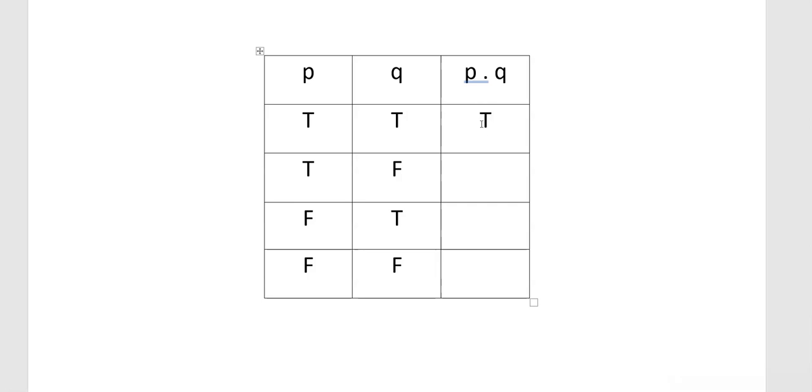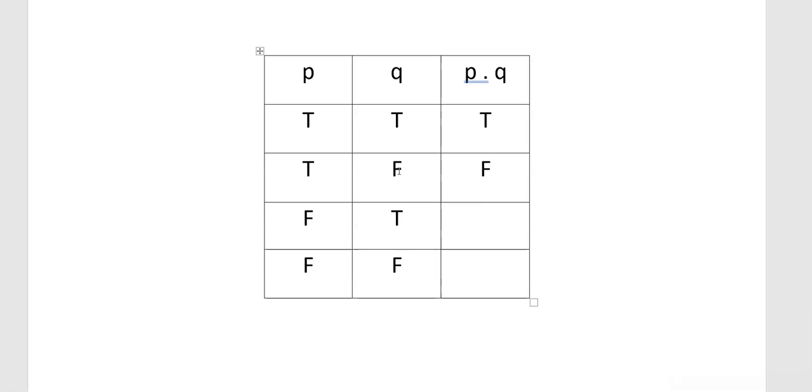So in the first row, P dot Q is true because P is true and Q is also true. Then in the second row, P is true, Q is false. So that does not satisfy that condition, therefore it is false.